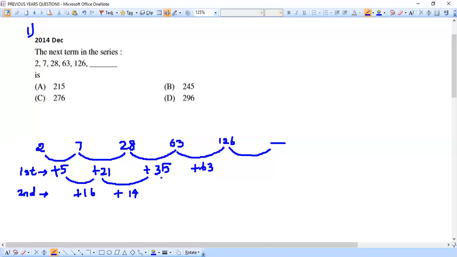Next, 35 to 63 we have to go. Here they would have done plus how much? 35 to 63 we need to move. I can even show it separately: you can just write 63, 35 and subtract, and show you.